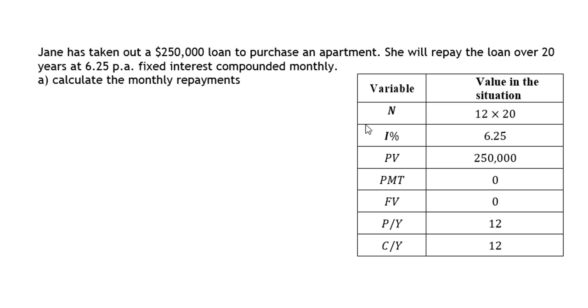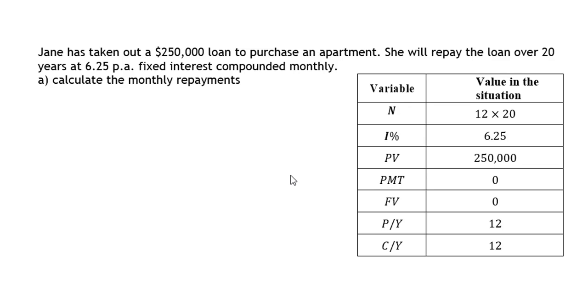For the TVM solver, this N will be 12 times 20 because it is compounded monthly. That's why it's 12 times 20 years. For the PV, this will be positive because Jean will receive this money.